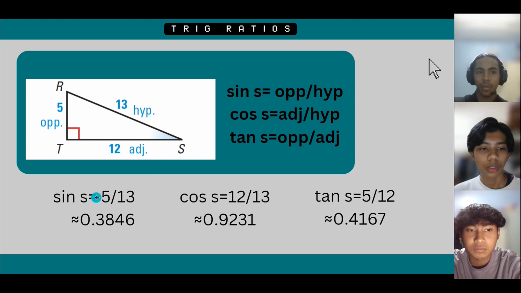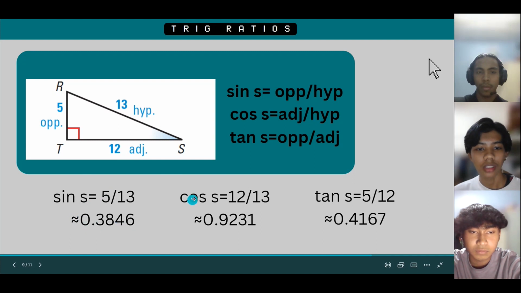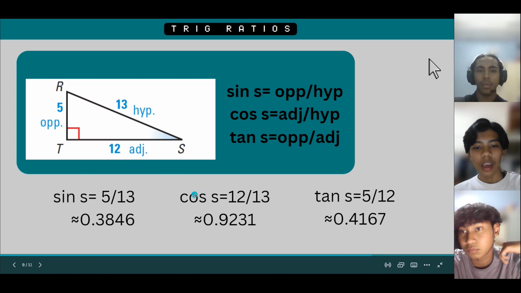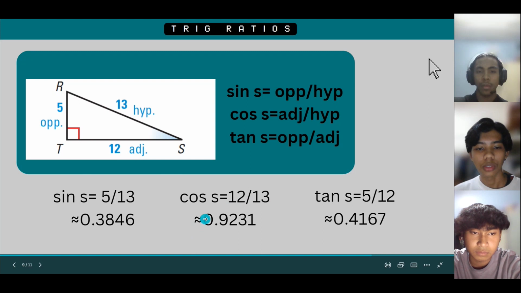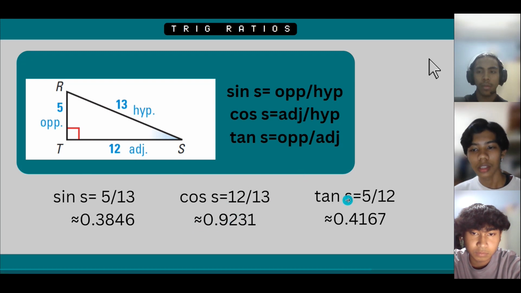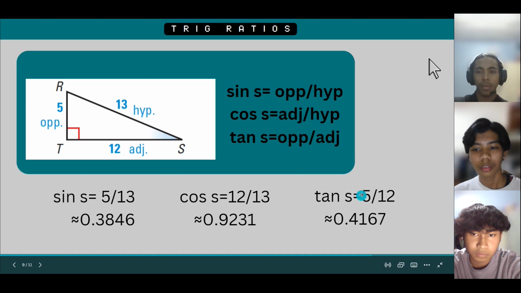For sine, it equals 5 over 13, which is approximately 0.3846. For cosine, it equals 12 over 13, approximately 0.9231. For tangent, it equals 5 over 12, approximately 0.4167.